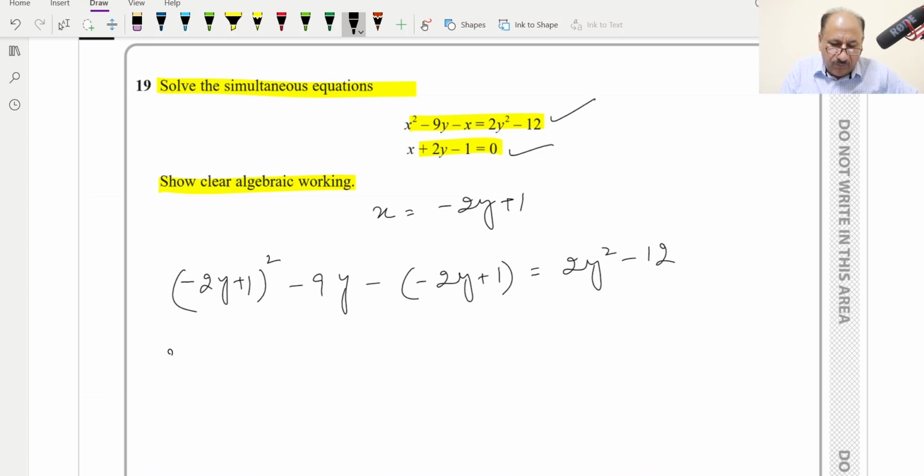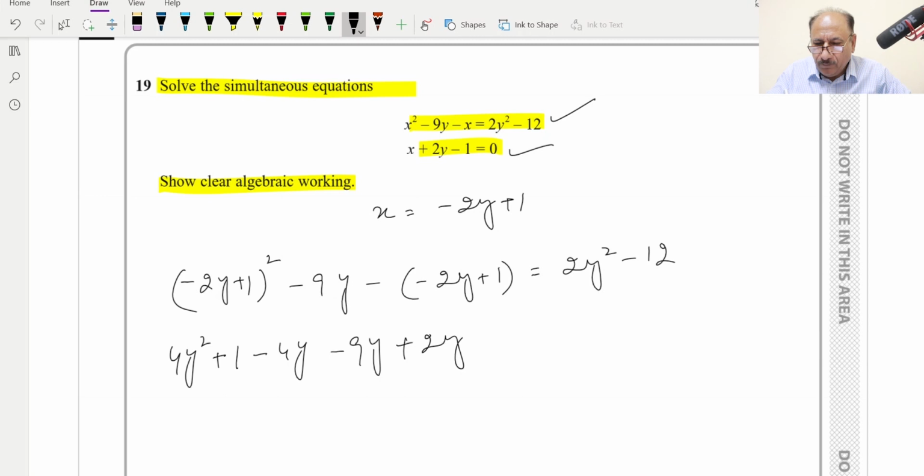This will be 4y squared plus 1 minus 4y, and minus 9y, and minus into minus will be plus 2y, and minus 1 is equal to 2y squared minus 12.